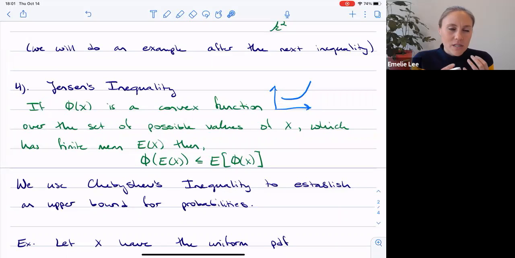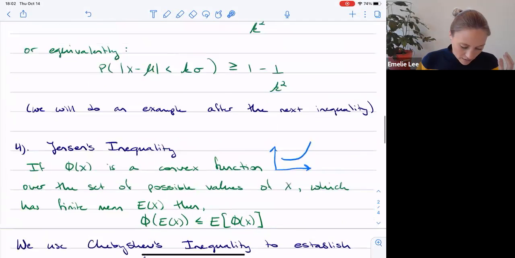It might be really time consuming or computationally expensive. So then it might be helpful to just say, okay, well, I know from Chebyshev's inequality that it's not going to be more than this. So it establishes some upper bound for the probability.